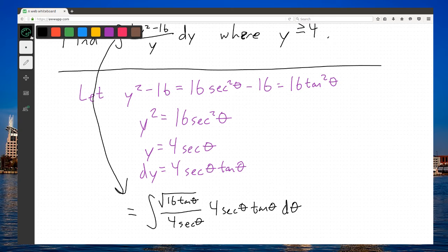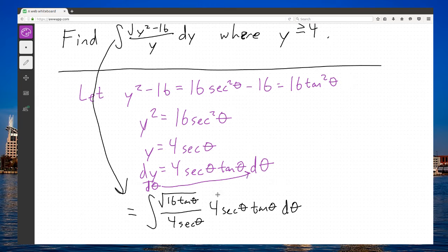And I did that thing I always get on to my students for doing. I forgot to write d theta. Remember, what we're actually doing is there's a divide by a d theta here, but then it gets moved over here to the left. So, all right, we've got our d theta in the right place now, so all's good.